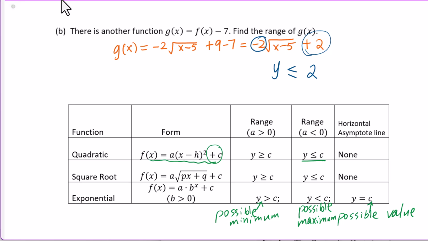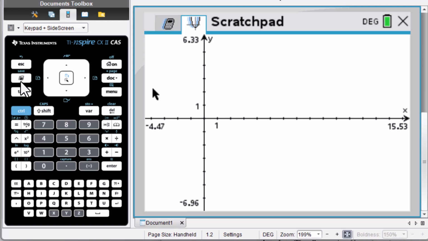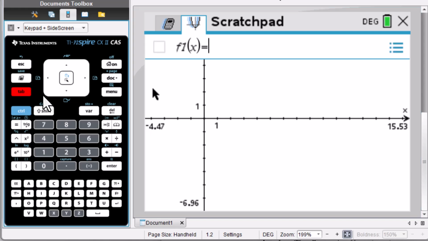You can sketch the graph on the calculator to figure out this range. Click on tab. Type -2 control x squared, x minus 5, then plus 2. Enter.